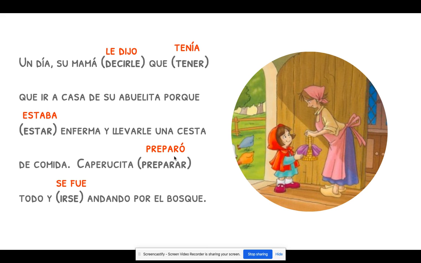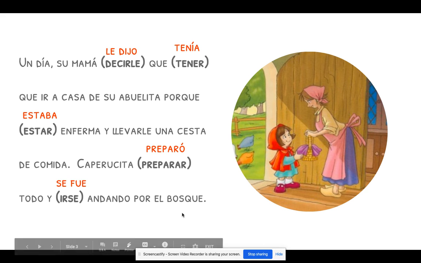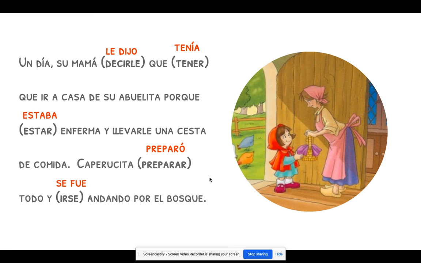Caperucita, we've got preparó todo y se fue andando por el bosque. We've got two preterite verbs here. And the reason why both of these are in the preterite is because both of them are going to serve as consecutive actions. If you remember that from last week, a consecutive action is one action right after another. One thing happens and is finished, and then another action occurs and is finished.